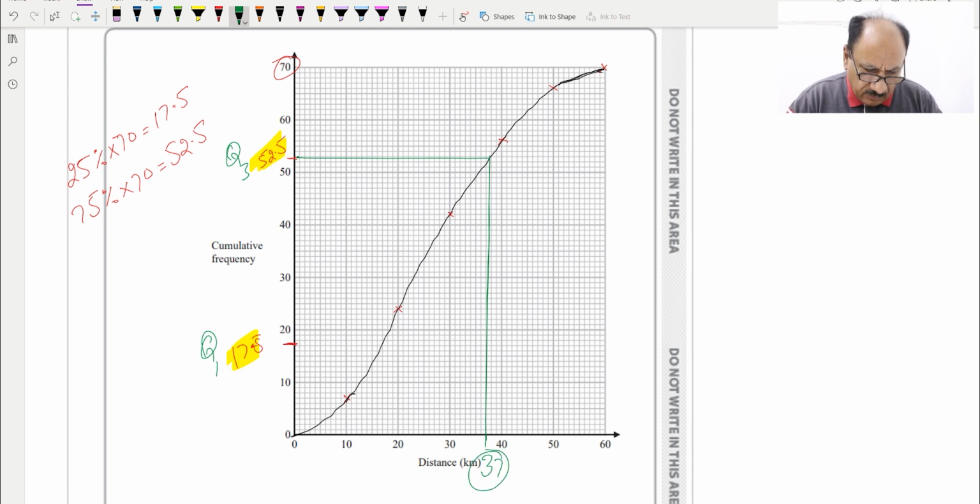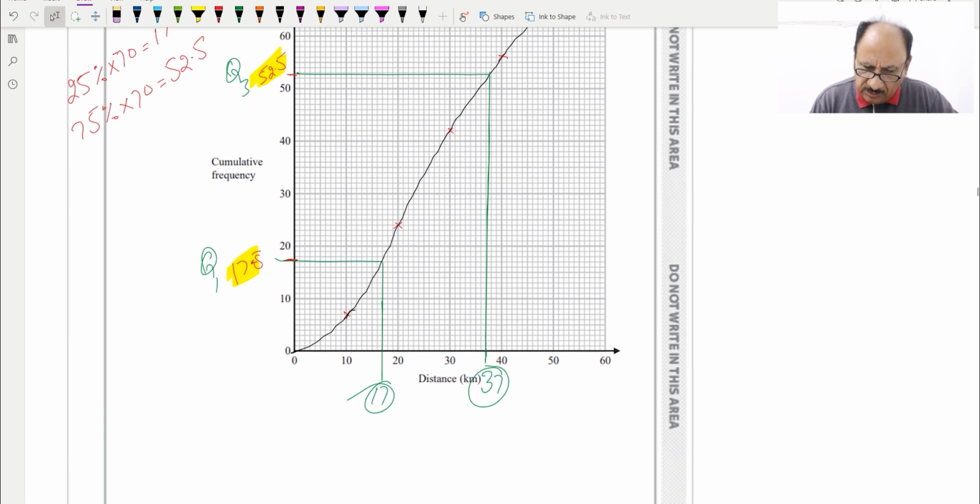And for the 25th percentile, which is 17.5, on this side it is 15, 16, 17. So this is 17. So for C part, the interquartile range, we can write 37 minus 17, which is equal to 20.